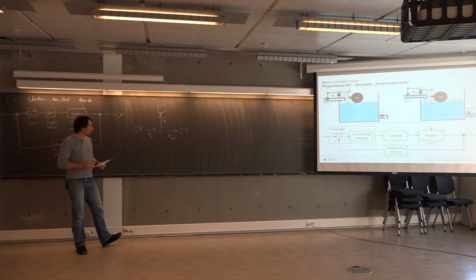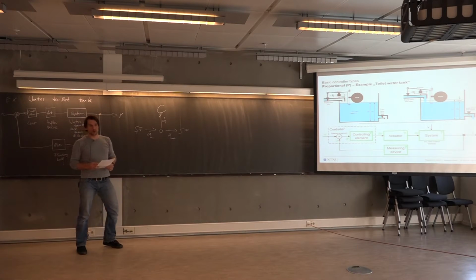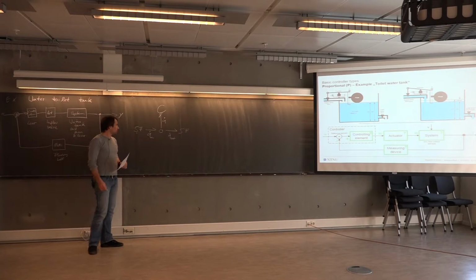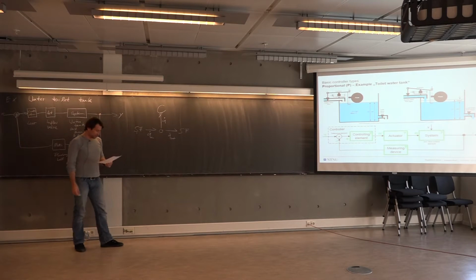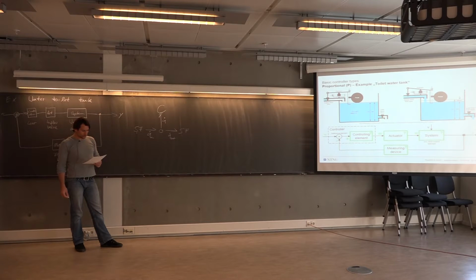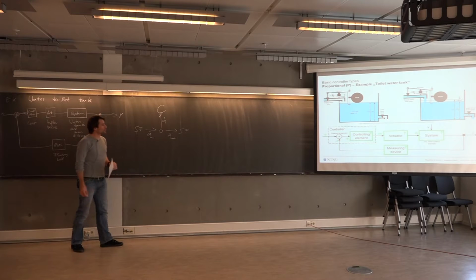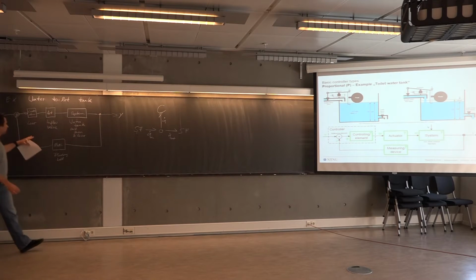But we can deal with that if we just steal some concept from fluid mechanics in order to close the system of equations that we will end up with. Before we do that, let's just translate this picture here, this conceptual sketch of the control loop, to the bond graph.